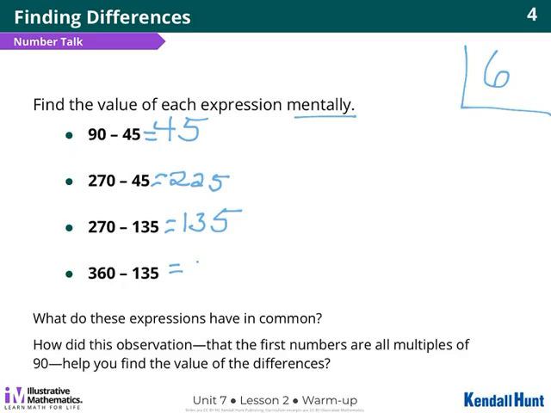Keston, what'd you get? 245? Kind of just a guess. But yeah, it's close. All right, Quinn? 235. Let's see.